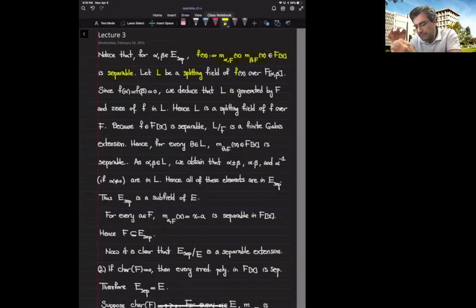Again, the whole point is that I want to have the same alpha and beta inside my splitting field.